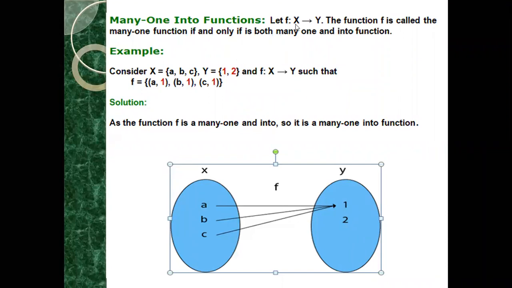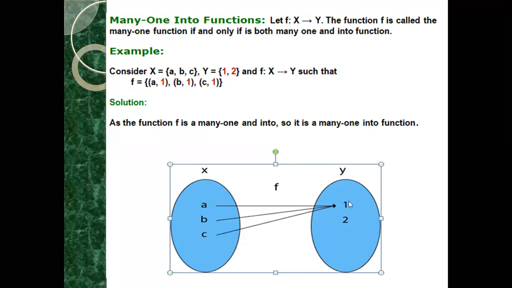So let f be a function, f maps X to Y. The function f is called a many to one into function if and only if it is both many to one and into.